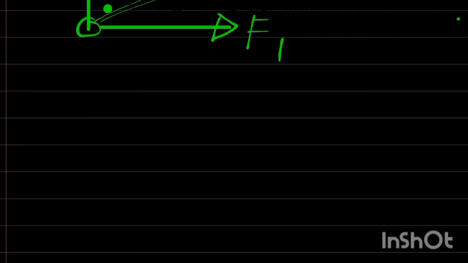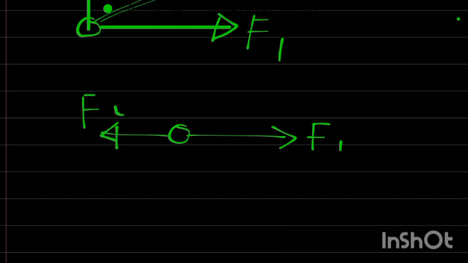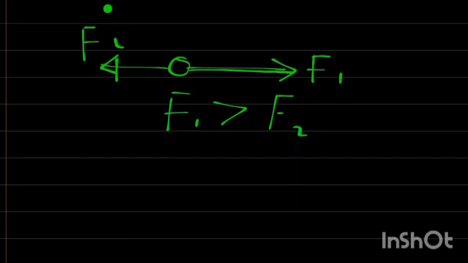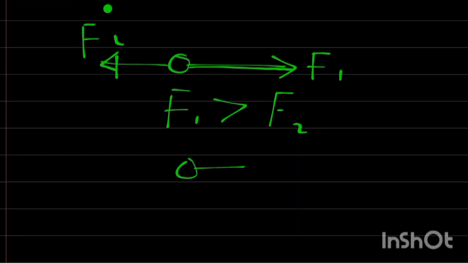Resultant force. If I have an object, a force F1 moving in this direction and a force F2 trying to pull it in this direction, you can see from the line drawn for force F1, it is obvious that what? Force F1 is greater than what? Force F2. Therefore, the object will end up moving in the direction of what? F1, but not with a magnitude equal to what?